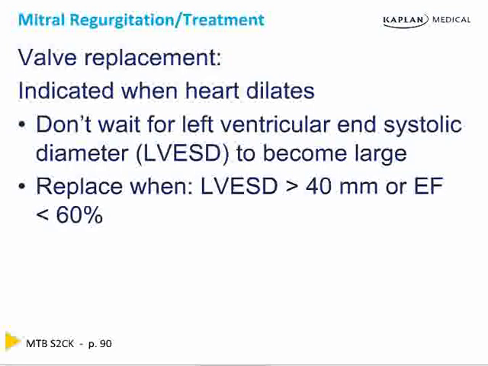We replace the valve when the end systolic diameter goes above 40, or the ejection fraction drops down to less than 60%. Now you may say, I thought 60% was a normal ejection fraction. It is, but not in a person who's got mitral regurgitation. In a person who's got mitral regurgitation, an ejection fraction of 57% is abnormal.